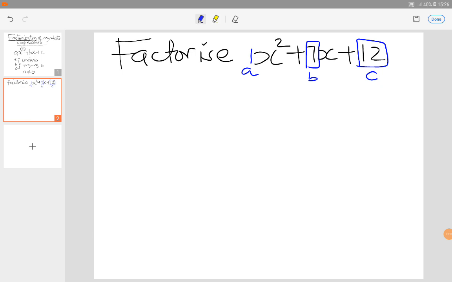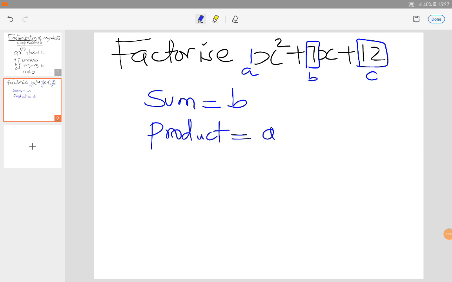Something else you should know is that for us to factorize well, there are two factors or values we should come up with, which when you add them, you get the b part, and when you multiply them, you get a times c.